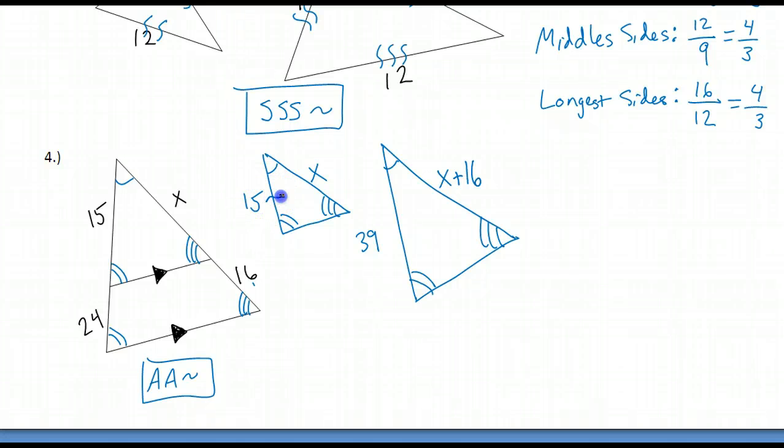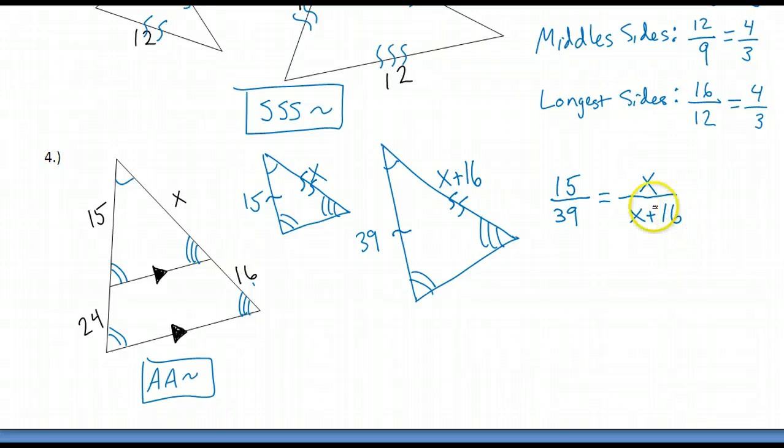Now, since these triangles are similar by the angle-angle similarity postulate, the sides will be proportional. So set up a proportion. A fraction equaling a fraction. Now I'm going to relate 15 to 39 and x to x plus 16.